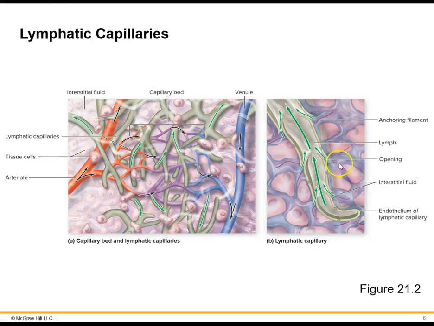If you look closely at an individual lymphatic capillary, you can see the endothelial cells here and how they overlap and how this allows for the one-way flow of fluid into the vessel. You can also note the anchoring filaments here anchoring those endothelial cells to nearby structures.